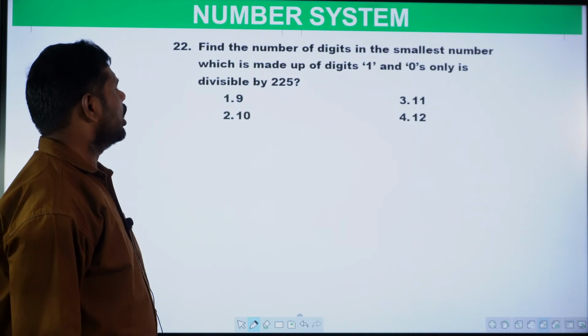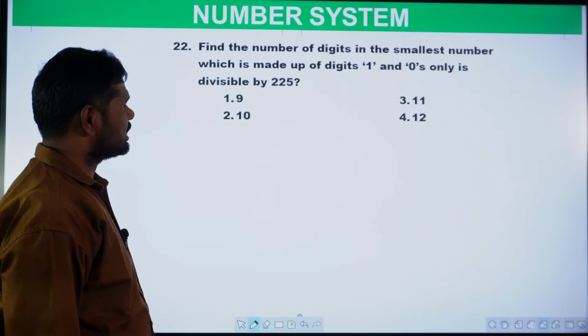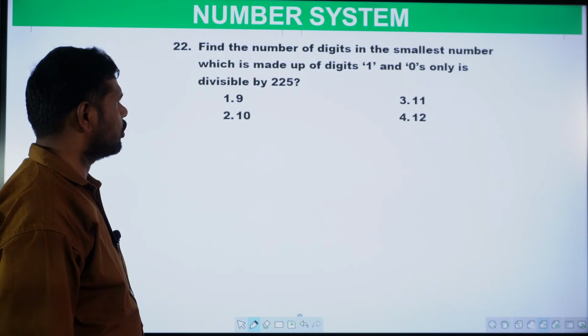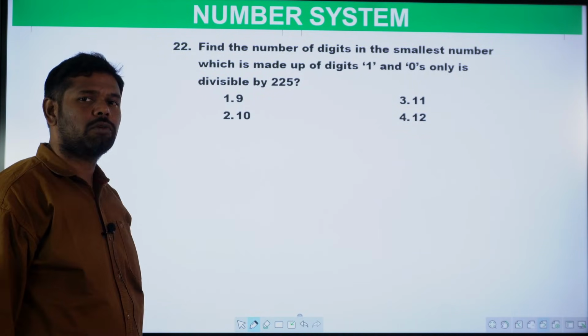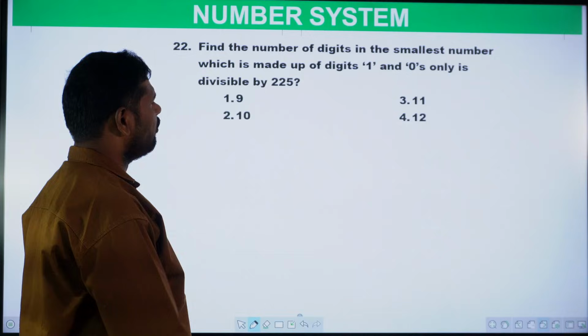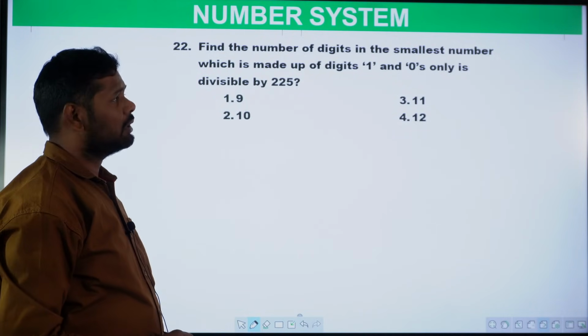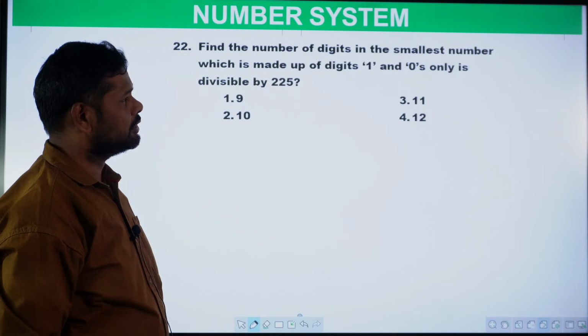Next one. Find the number of digits in the smallest number which is made up of digits 1 and zeros only and is divisible by 225. So the smallest number that is made up of 1 and zeros only.